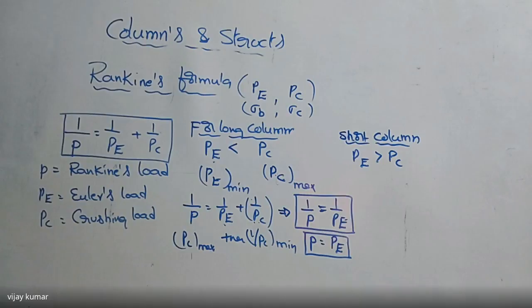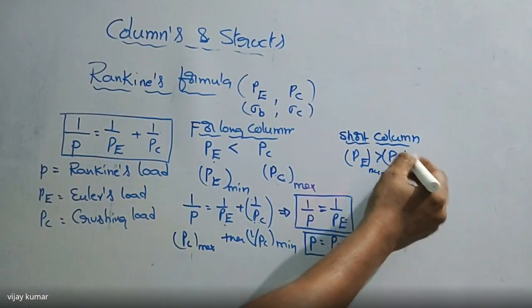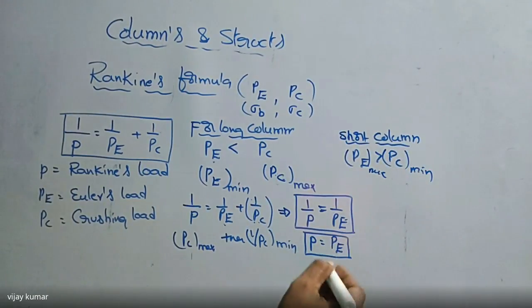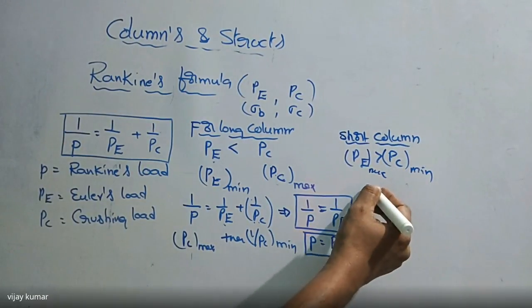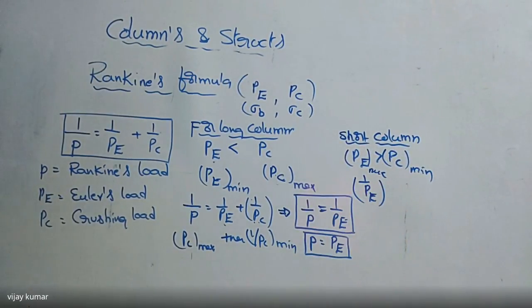Right. So here, PE is maximum and PC is minimum. Now, according to Rankine's formula, if P is maximum, then 1 by P is always minimum.